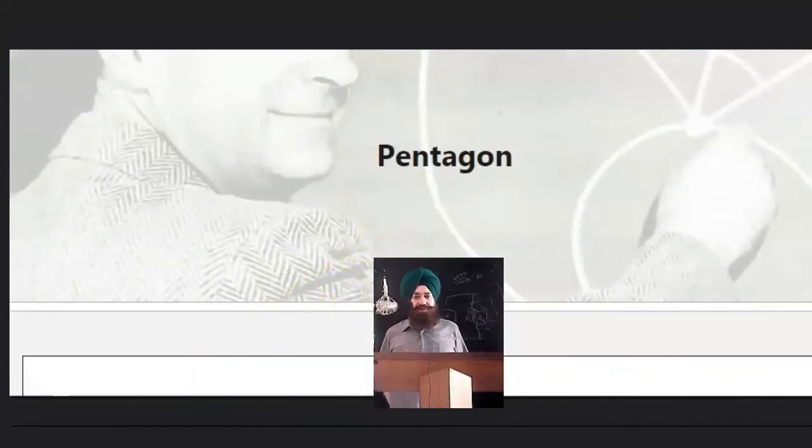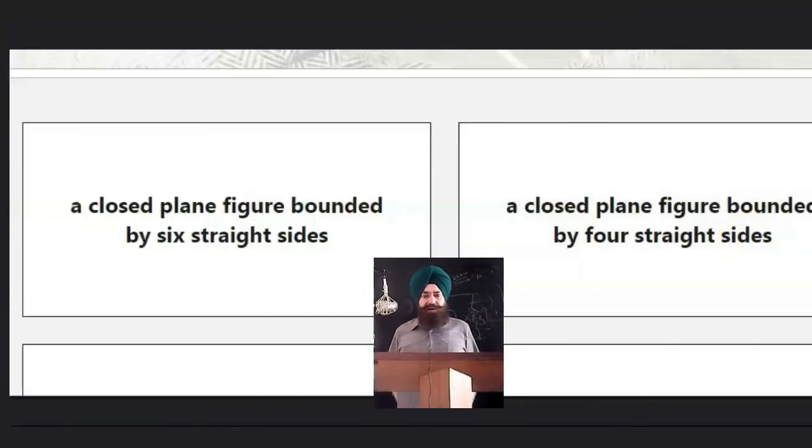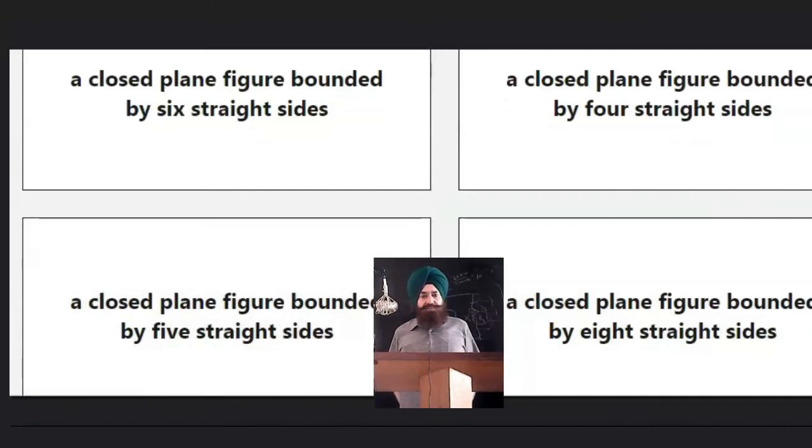Now pentagon, a historical figure. Remember where it is, in which country. But here we are asking what we mean by a pentagon. A closed plane figure bounded by 6 straight sides, is it a pentagon?